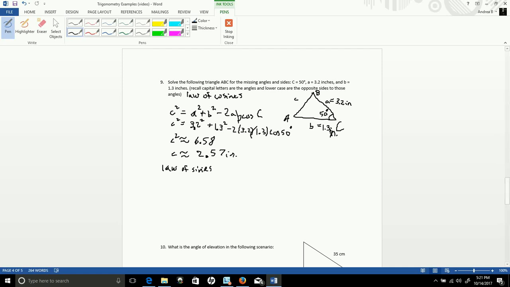So for this next part, let's write out the formula first as a reminder. You'd have your side A over sine of angle A is equal to side B over sine of angle B, which is also equal to side C over sine of angle C. So remember, the lowercase letters are the sides opposite of those angles.